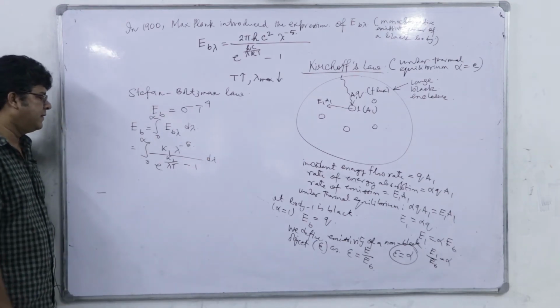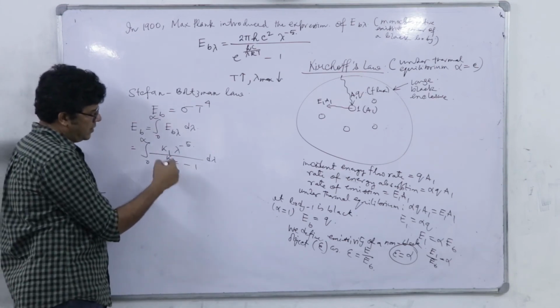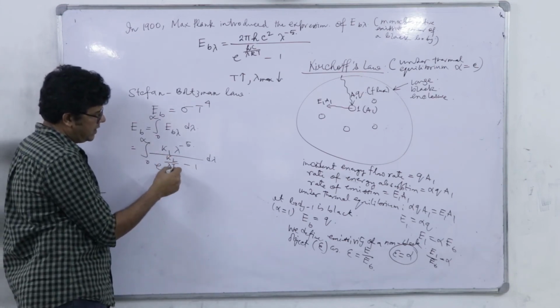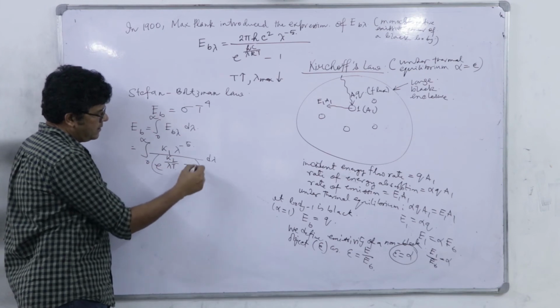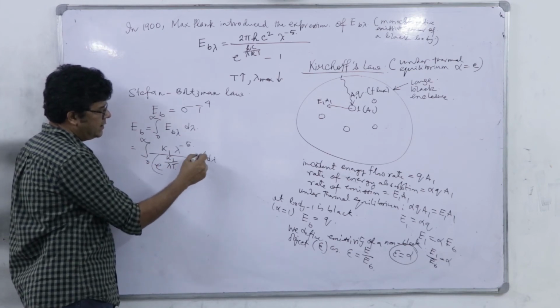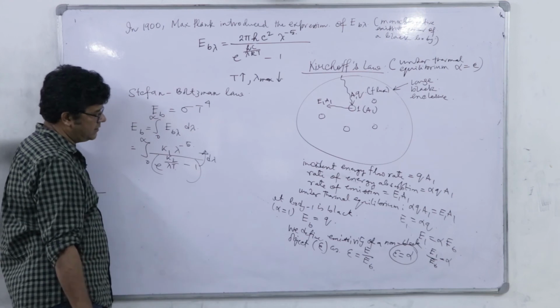The thing is, this term, k2 by lambda T, we have to expand in an inverse binomial series.